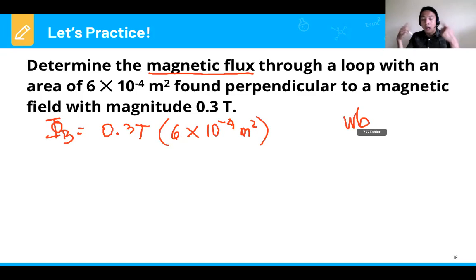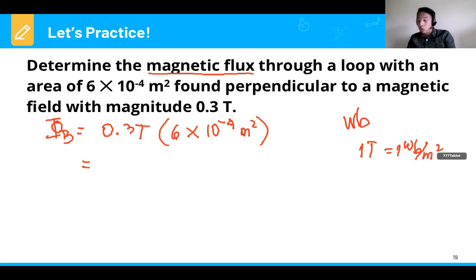So we need to recall again the other characteristics or the other units that we can use. So we all know that in 1 Tesla, we have 1 WB over meter squared, right? So if we have here WB, we can use this one.